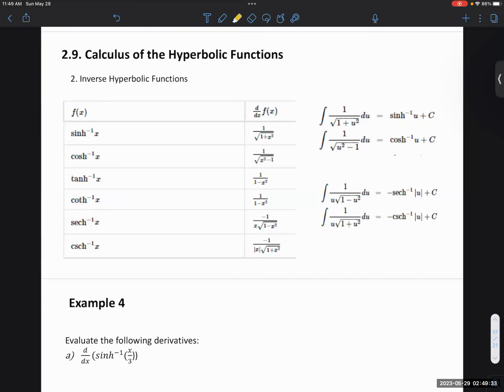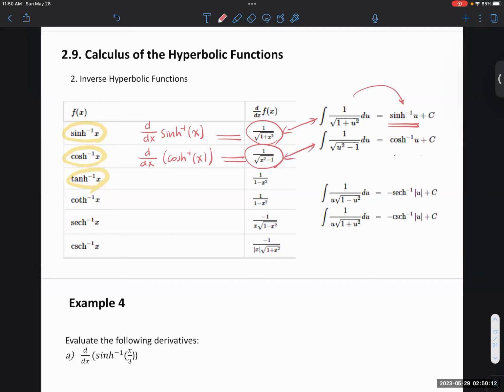So look at that. This is inverse sinh, cosh, and tanh. If you are going to take the derivative of sinh inverse, this is the outcome: 1 over radical 1 plus x squared. This is going to be given. You don't need to memorize it. Again, if you take the integral of this, you're going to go back to the sinh inverse function. d over dx, you take the derivative of cosh inverse x, this is the outcome.